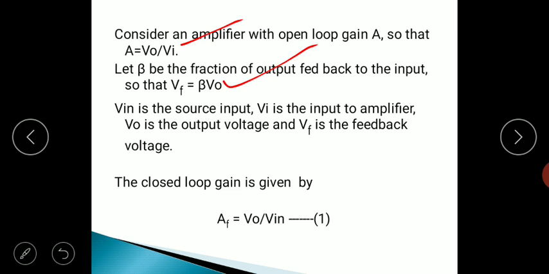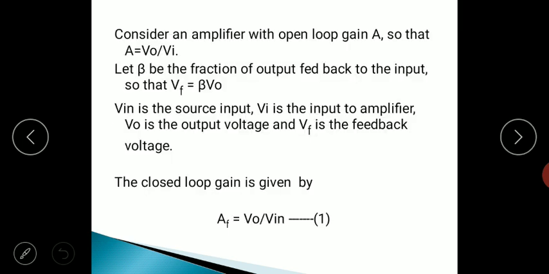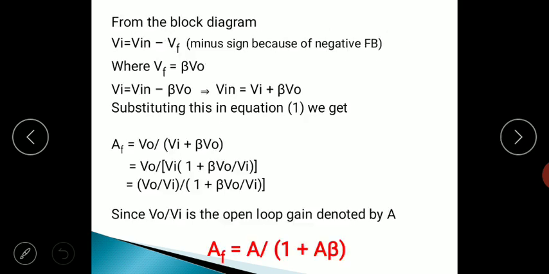Now, if the open loop gain A is V0 by Vi, then the gain with feedback, that is AF, is given by AF equal to V0 by Vin. Now, we have to write what V0 is and what Vin is from this block diagram. We have to obtain the ratio V0 by Vin, and we can get the closed loop gain of the voltage series negative feedback amplifier.